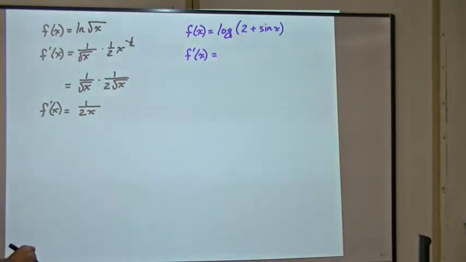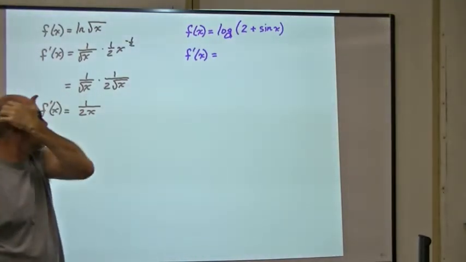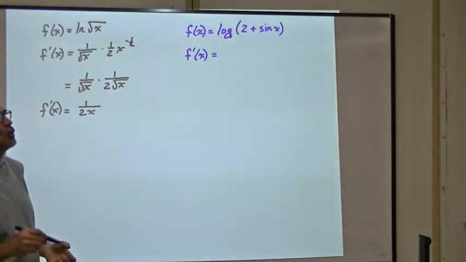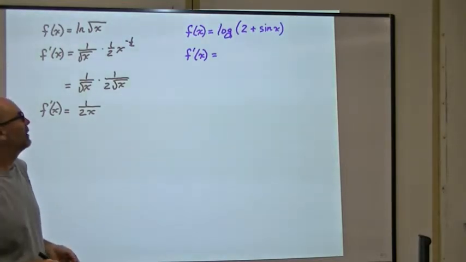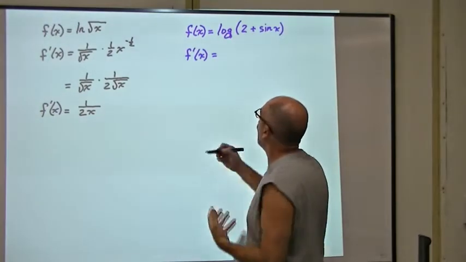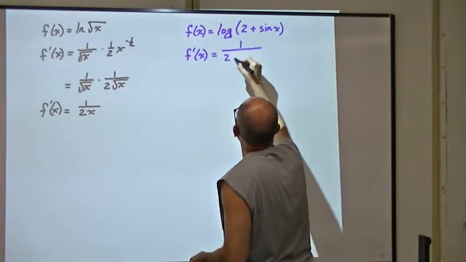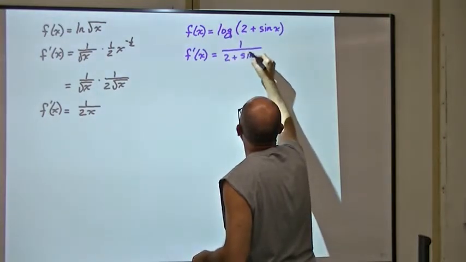Okay, now, let's check out f of x equals log of the quantity 2 plus sine x. So f prime of x is just going to be 1 over that. So 1 over 2 plus sine x.